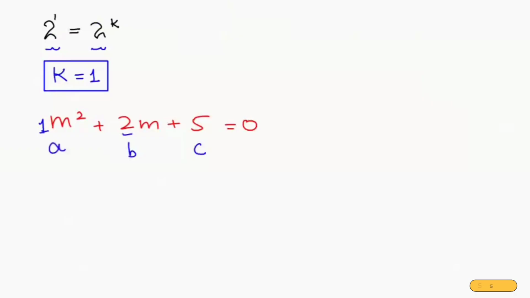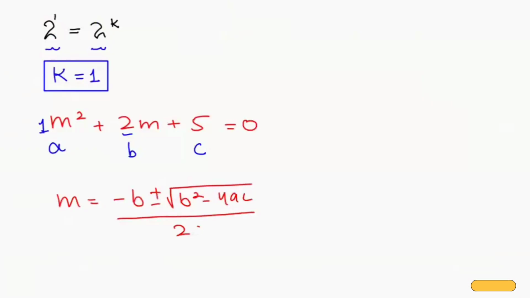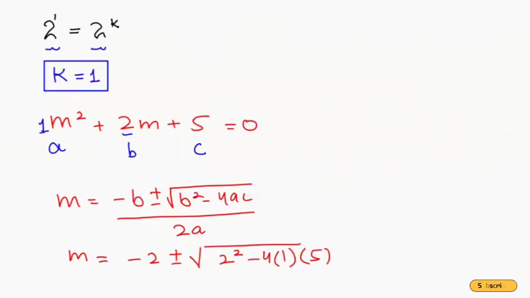Now I'm going to find the value of m by plugging in the values of a, b, c into the formula: minus b plus or minus root of b square minus 4ac over 2a. Now I'm going to plug in the b value, that is 2, plus or minus root 2 to the power of 2 minus 4 times 1, and here we have the c value, that is 5, over 2, and the a value is 1.